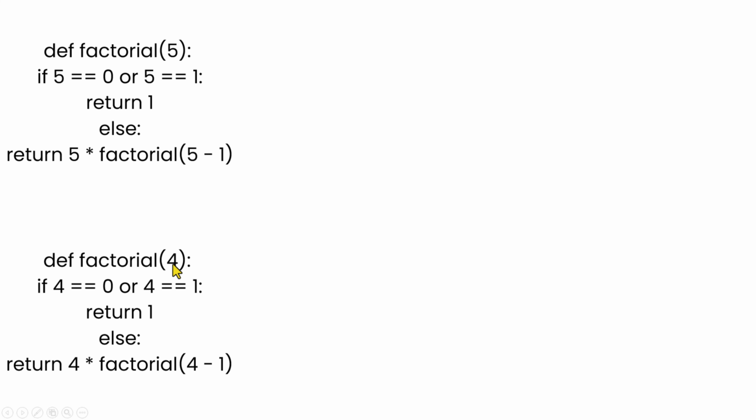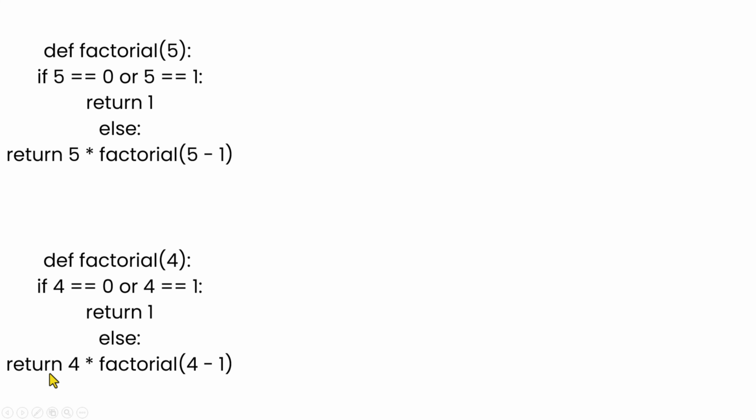So we are calling the function once again and passing 4. Now 4 is passed to the factorial function. It checks if 4 is equal to 0 or 4 is equal to 1. Both come out as false, and so whatever is in else will be executed.